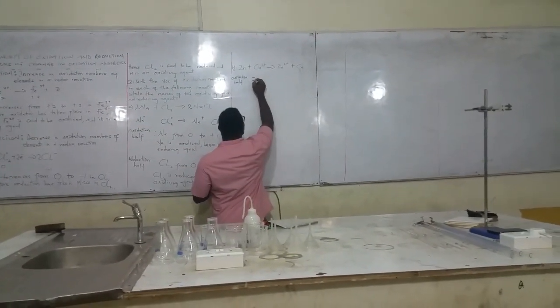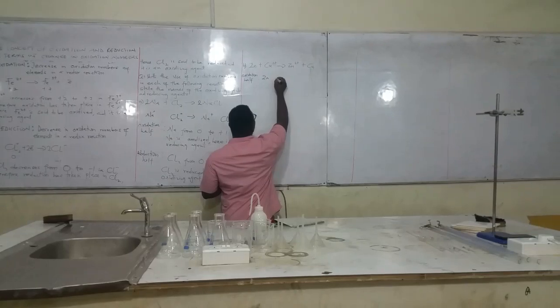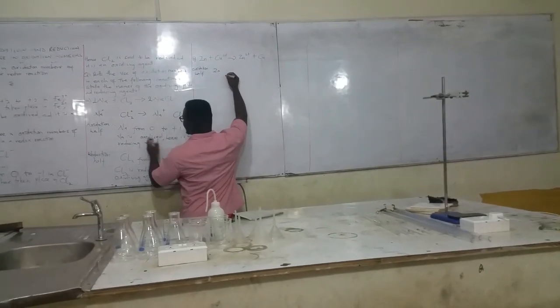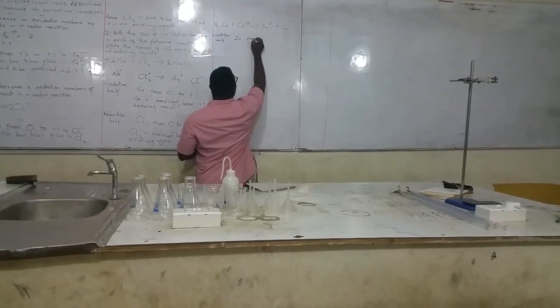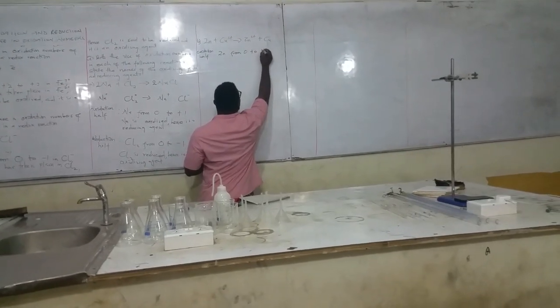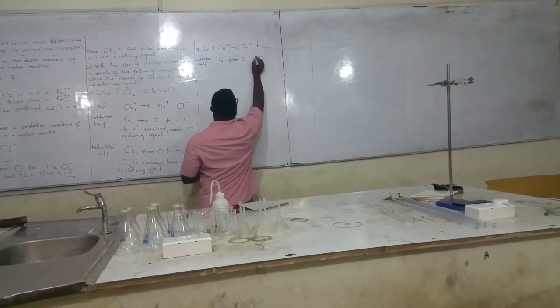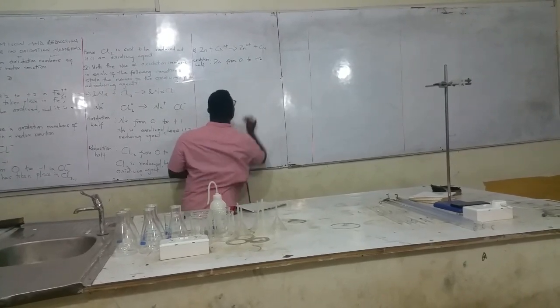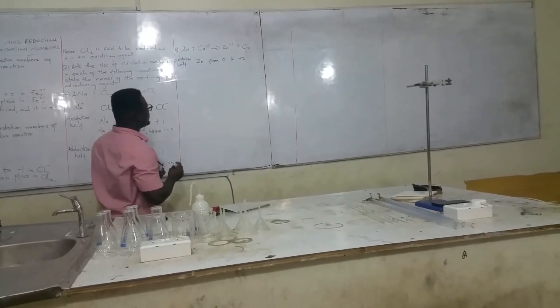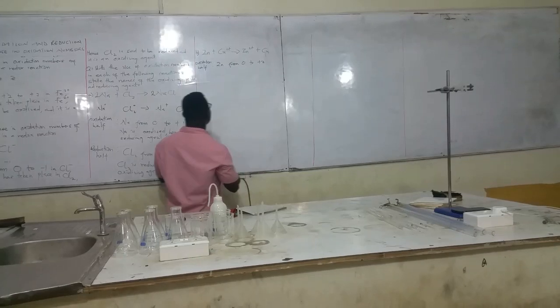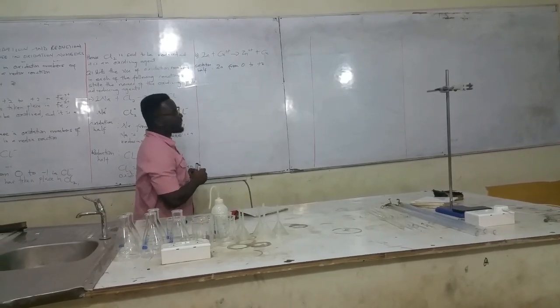So Zn is from 0 to plus 2. So this indicates that Zn is the oxidation half.